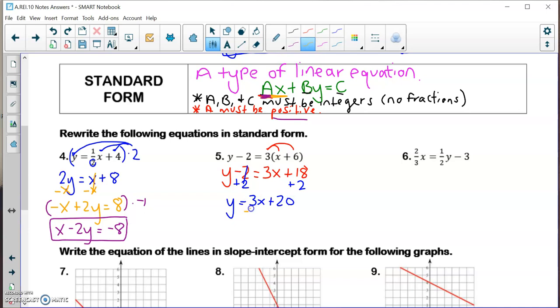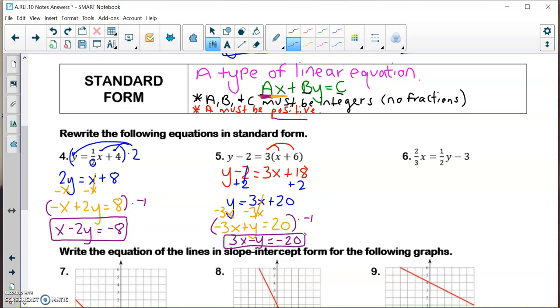And now I'm going to isolate the constant by subtracting 3x from both sides. And remember, your coefficient of x cannot be negative, so I need to multiply everything by -1. And now this is in standard form.